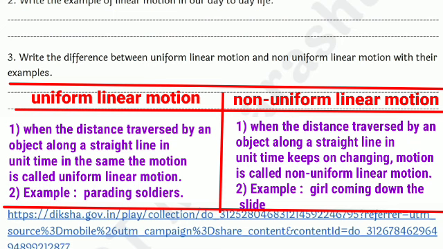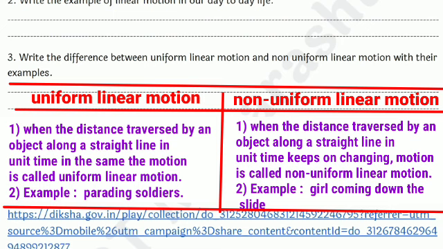First, when the distance traversed by an object along a straight line in unit time is the same, the motion is called uniform linear motion. The example is a parading soldier in a straight line, which is a uniform linear motion. Next, non-uniform linear motion.